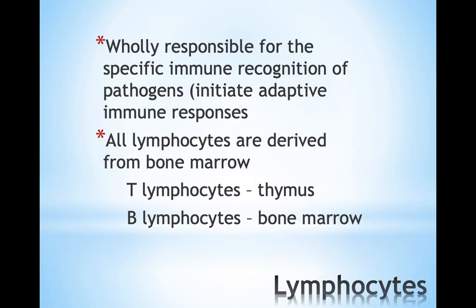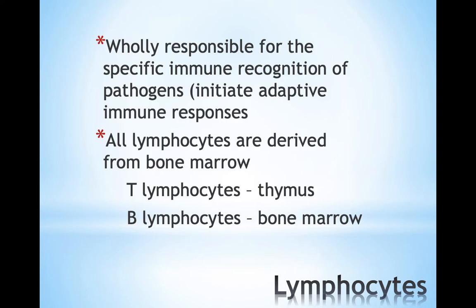In terms of origin of these two lymphocytes, all lymphocytes are derived from the bone marrow, though their maturation sites are of varying nature. For T lymphocytes, the organ where we expect them to mature is the thymus, while for the B lymphocytes, it's still in the bone marrow.